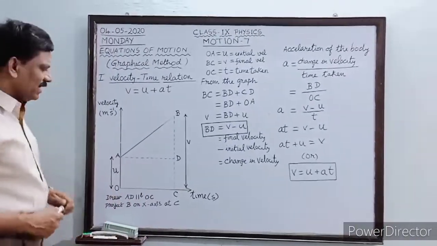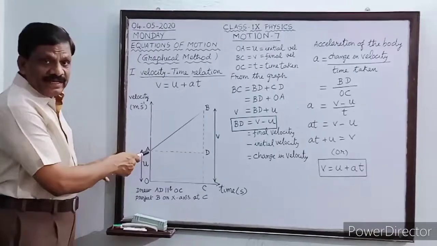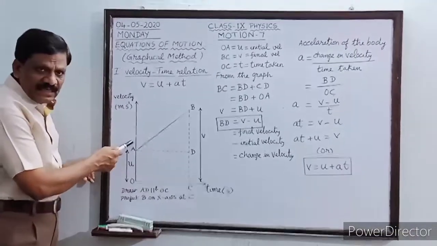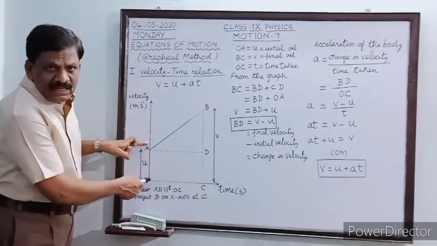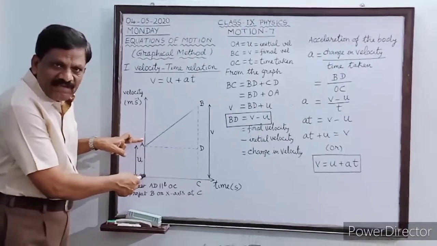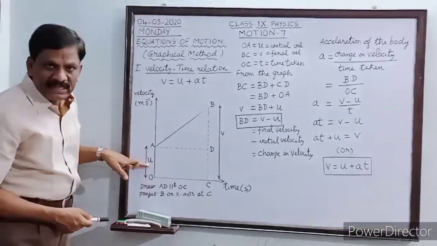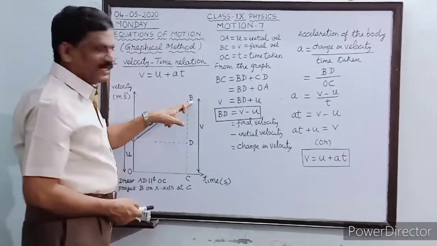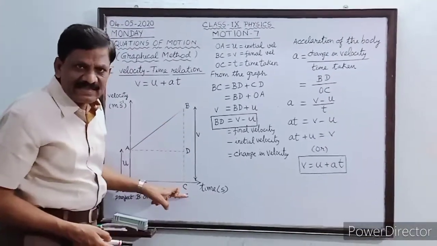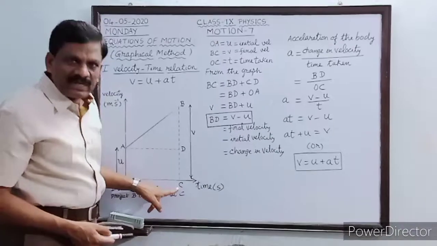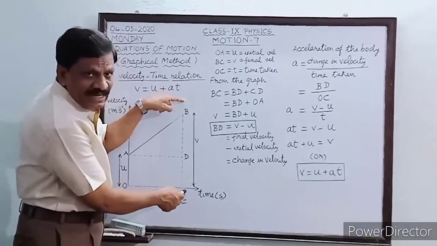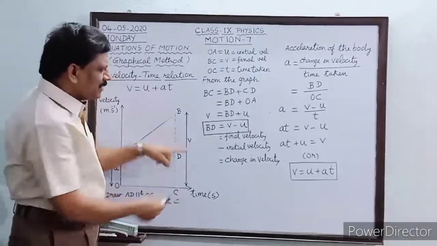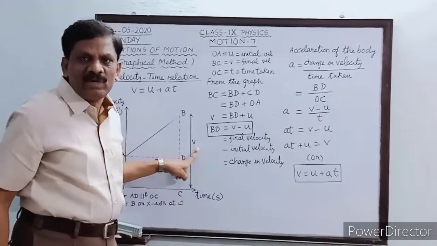The point A lies above the origin, so this portion OA must be equal to the initial velocity of the body, represented by U. And the final point B is projected on the x-axis at C, so this vertical length BC must be equal to the final velocity of the body V.